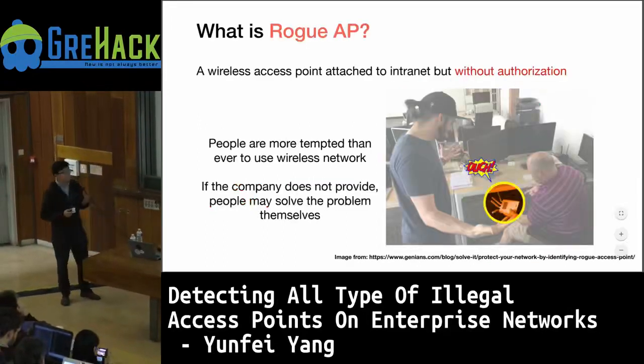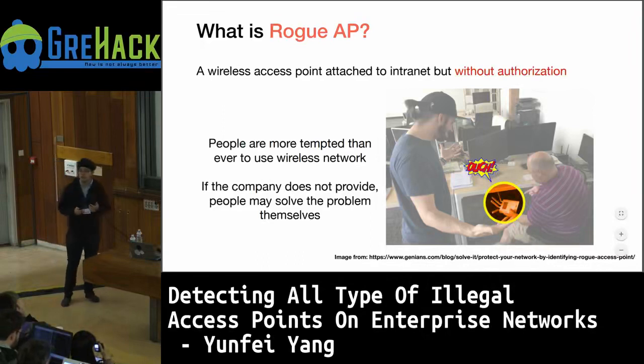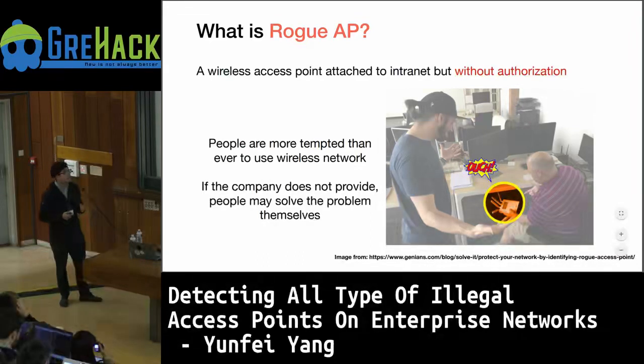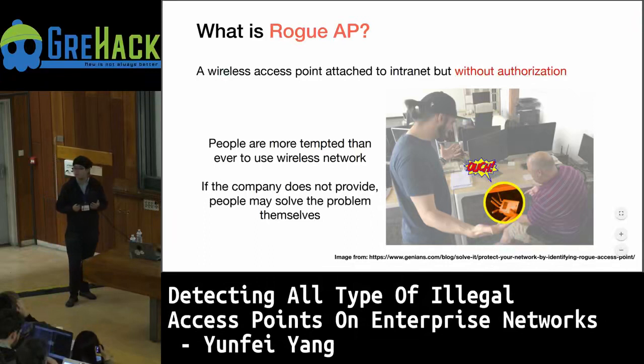So what is a rogue AP? In my presentation, the rogue AP refers to an access point attached to the company's intranet but without authorization. Nowadays, people are more tempted than ever to use wireless networks.